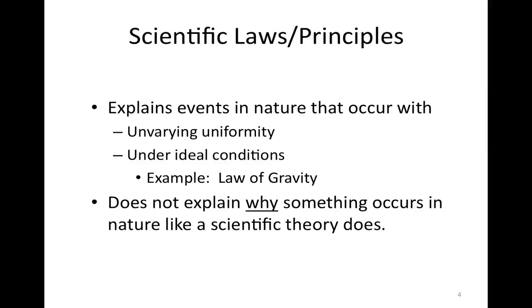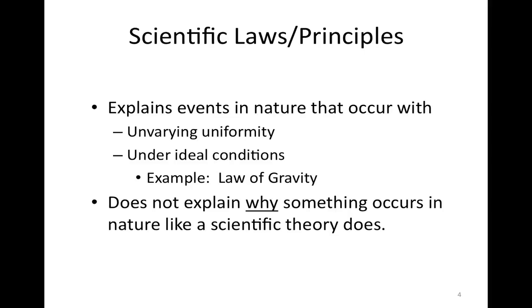Now, how does that differ from a theory? A theory is supposed to be very solid, very well known, well understood. The difference is in how specific laws are. Laws and principles are really single action type of ideas that you can write a mathematical equation to, a very simple one like the law of gravity.